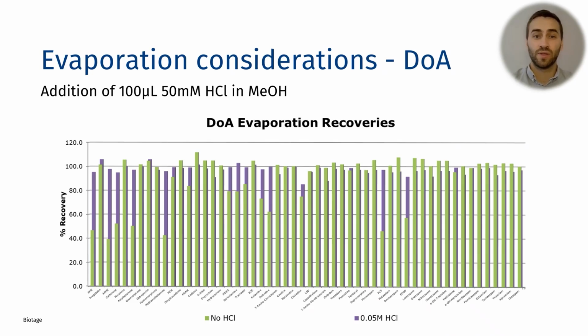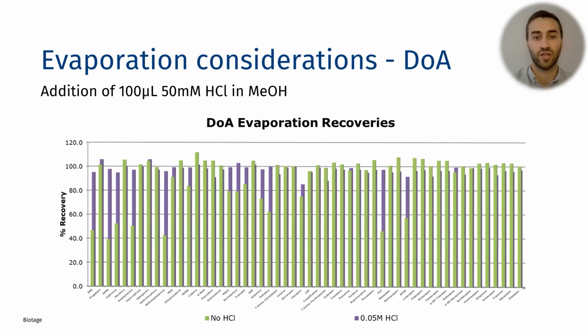And I've got a few examples of where the losses of your analytes can occur. So for the drugs of abuse, a very important step is an addition of an acidic methanol solution into your elution solvent. This works well for the volatile analytes. So by decreasing the pH, you are decreasing the volatility of the analytes.